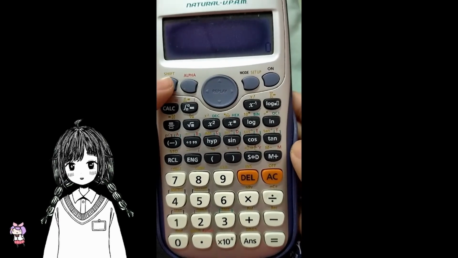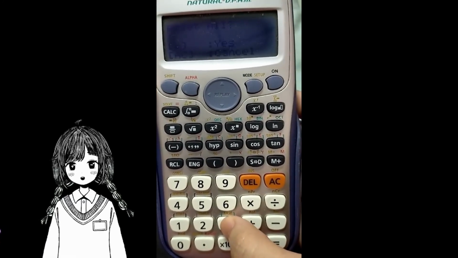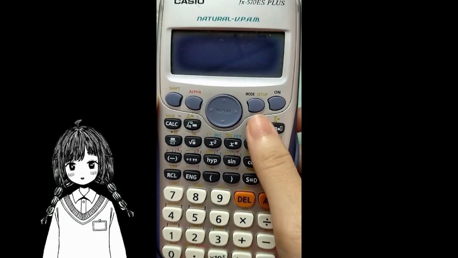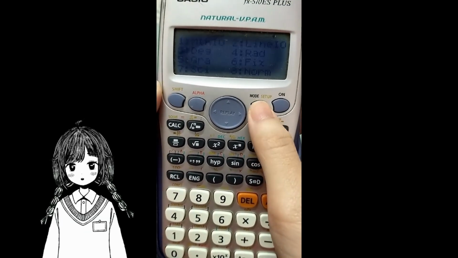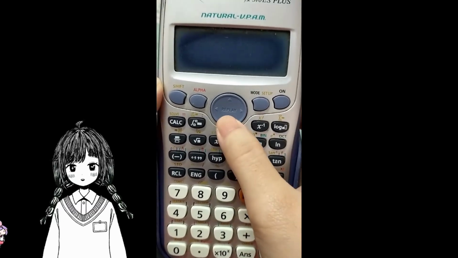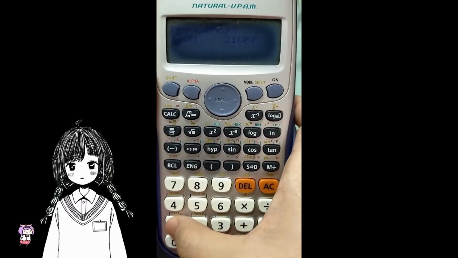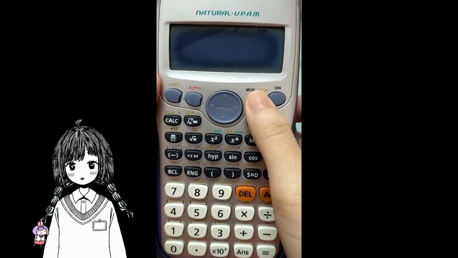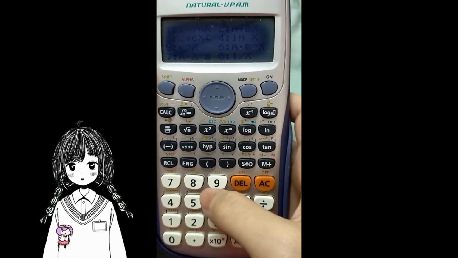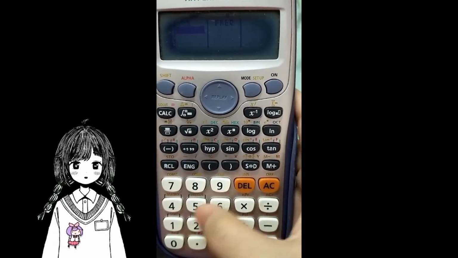I will start now. Firstly, shift, clear, and number 3 to clear all. Next, shift, mode, then press down, press down, and press number 4 to turn on the frequency. Next, we press mode, then press number 3, then press 1. This is where we insert our data.